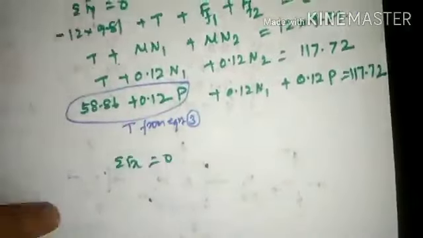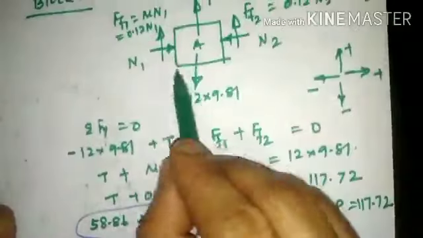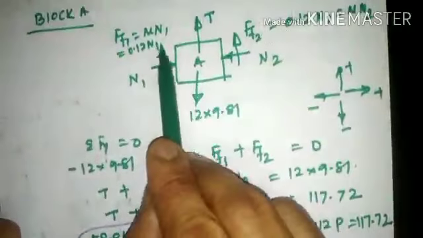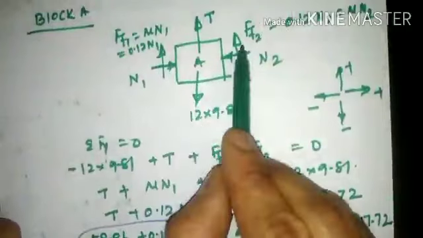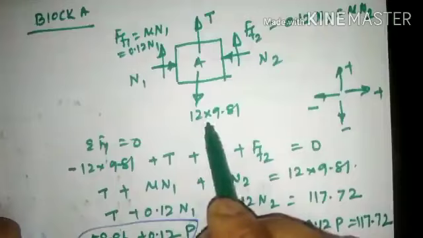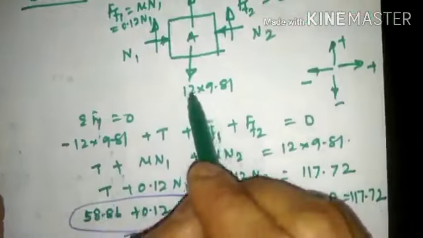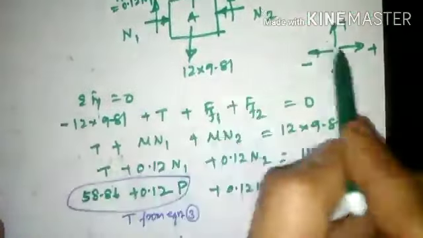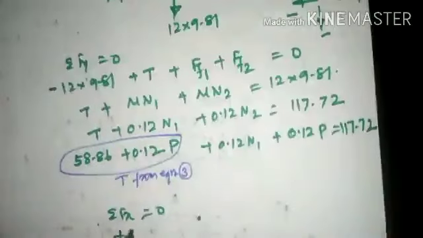If I take summation Fx is equal to 0, you are going to add up all the forces parallel to the x direction. Here, F of F1 is along the y direction, F of F2 is along the y direction, T is along the y direction, and the 12 kg is also along the y direction. So the forces acting along the x direction are N1 and N2. N1 is on the right hand side, so positive, plus N1.